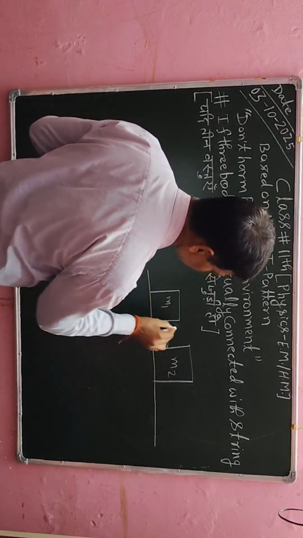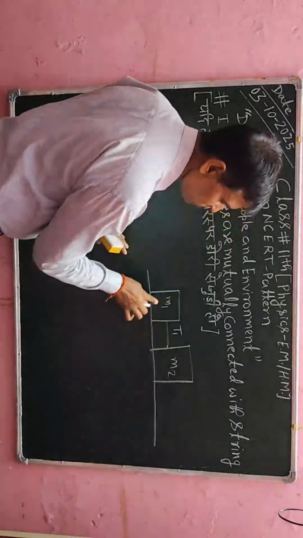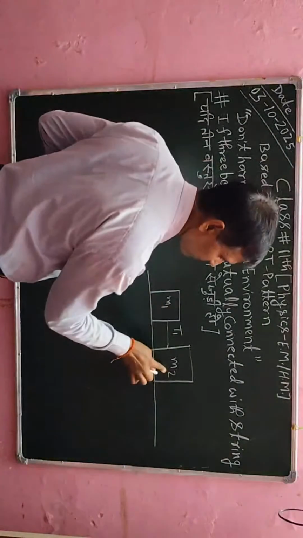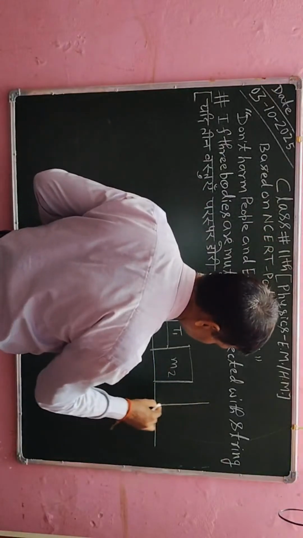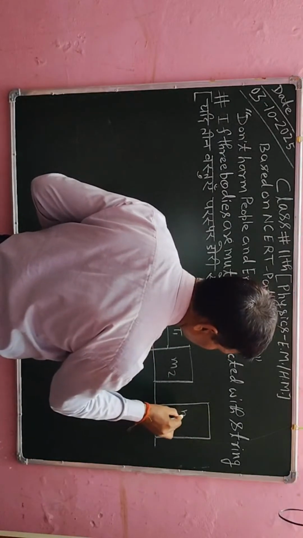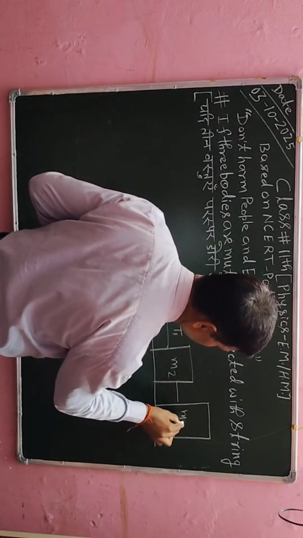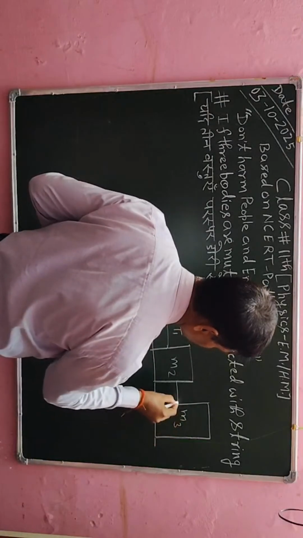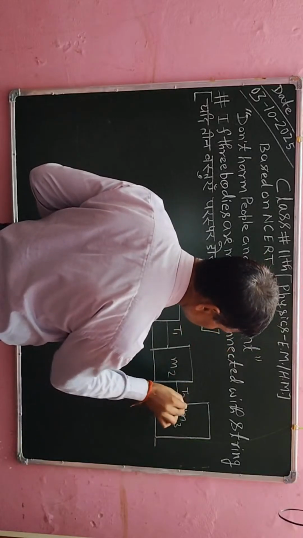The tension T1 is between object 1 of mass M1 and object 2 of mass M2, and object 2 is also connected with another body, which has mass M3. Between M2 and M3 I have taken another tension force, that is T2.